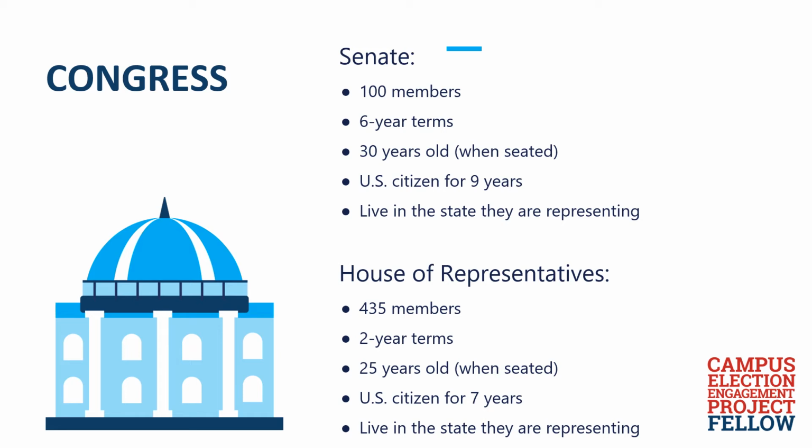For the House of Representatives, their 435 members serve 2-year terms and must be 25 years old when seated. Representatives must be U.S. citizens for at least 7 years and also live in the state in which they are representing.